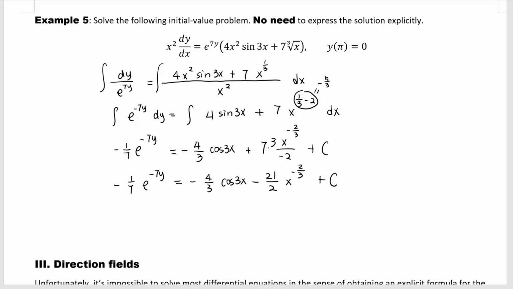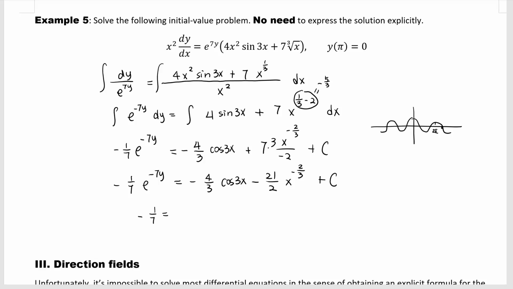Okay, and then next, because we have the initial value, we should plug in and find what c is. So we plug in, x is pi and y is 0. So when y is 0, e to the 0 is 1. Cosine 3 pi, do you know what the picture of cosine looks like? So this is cosine, this is 2 pi.